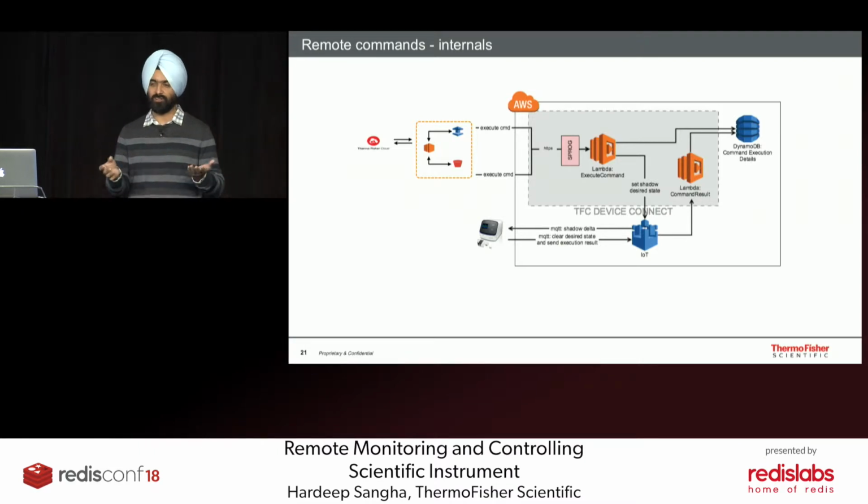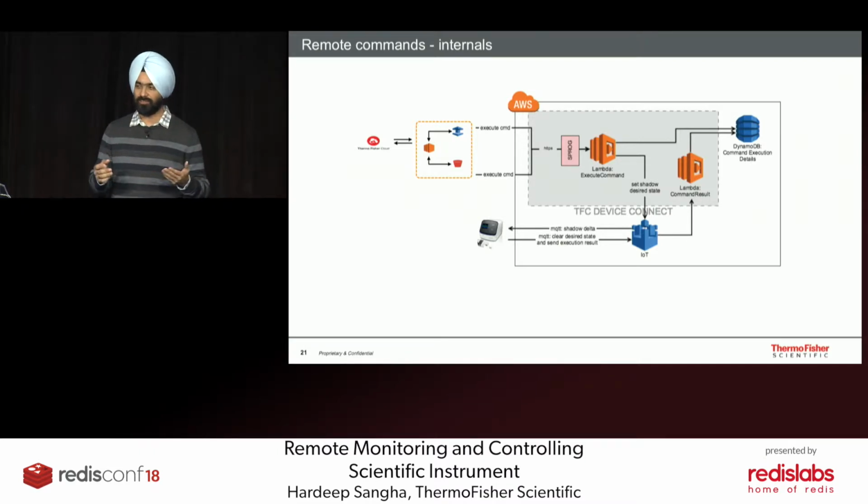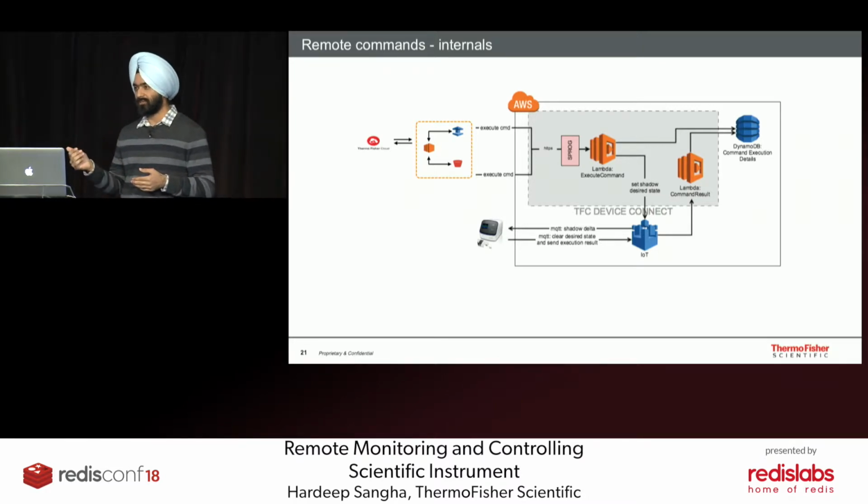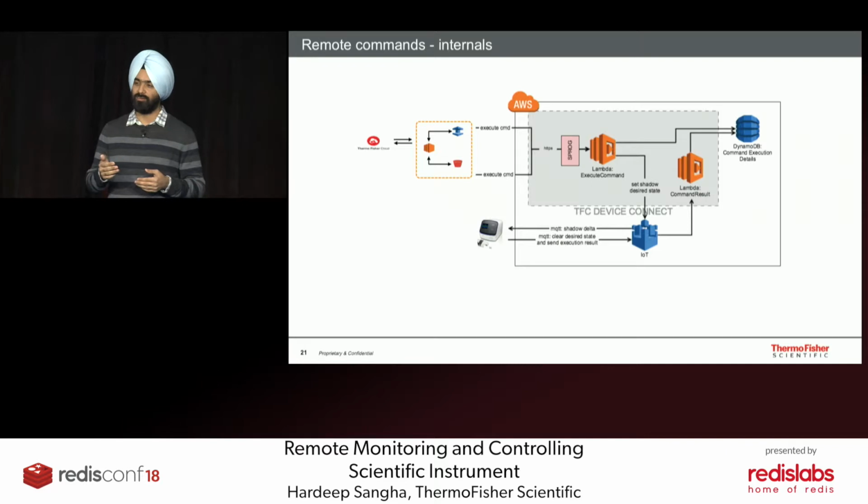Let's say you saw the data coming in and you see there are some issues, some sort of bubbles or anything in your raw data, and you want to pause that run. So what will happen is you'll call pause, and that pause will invoke a REST API on another internal application called Device Connect.